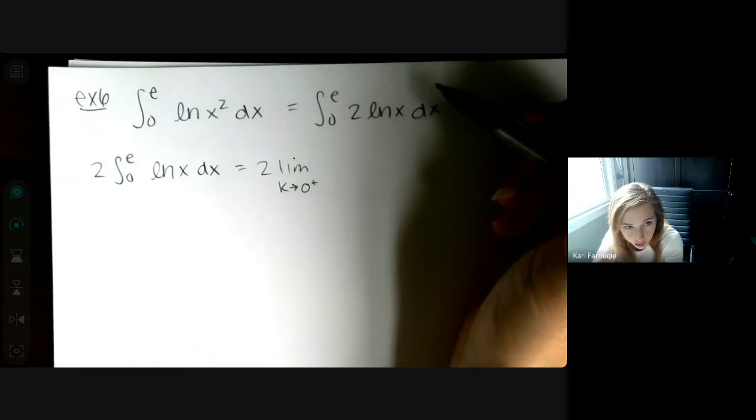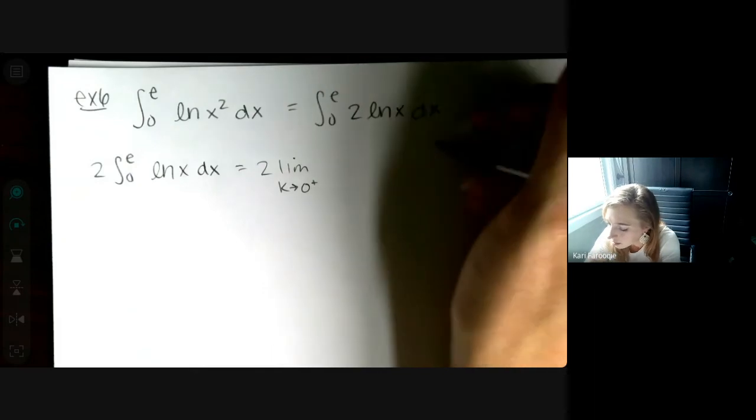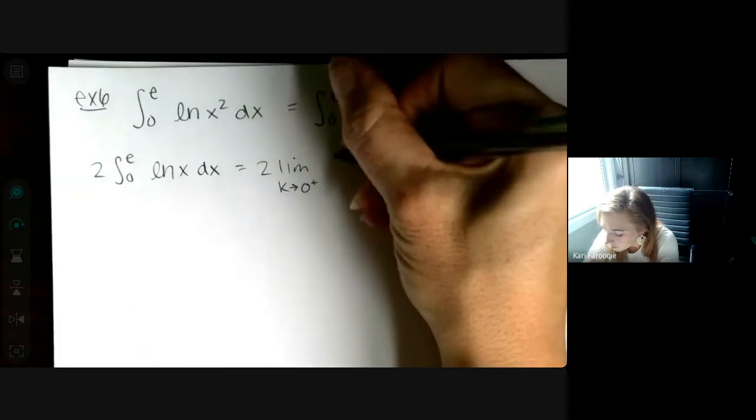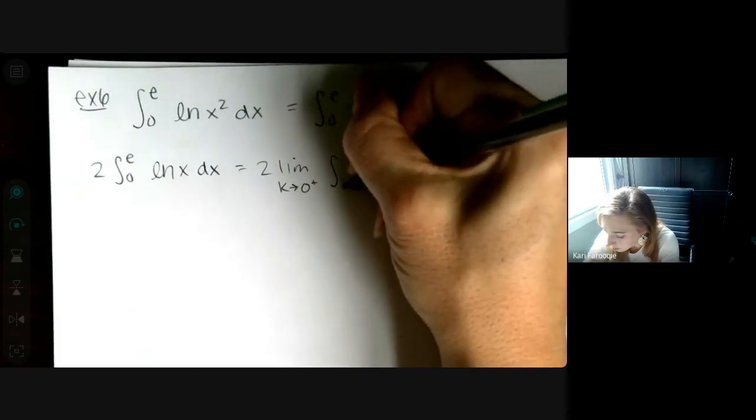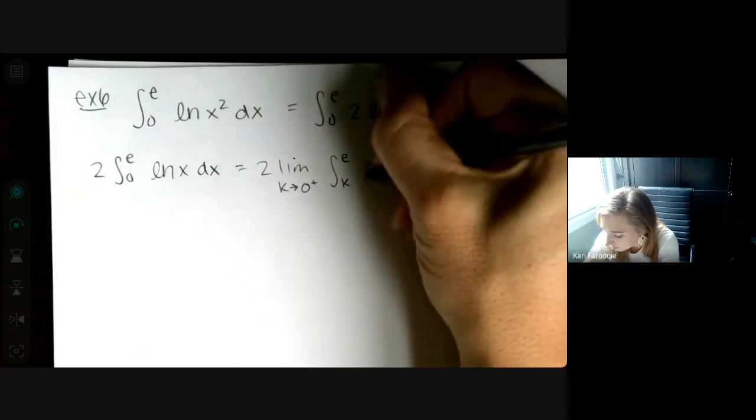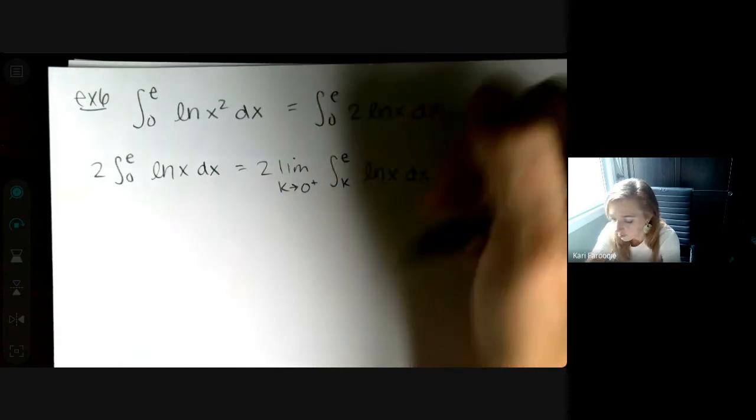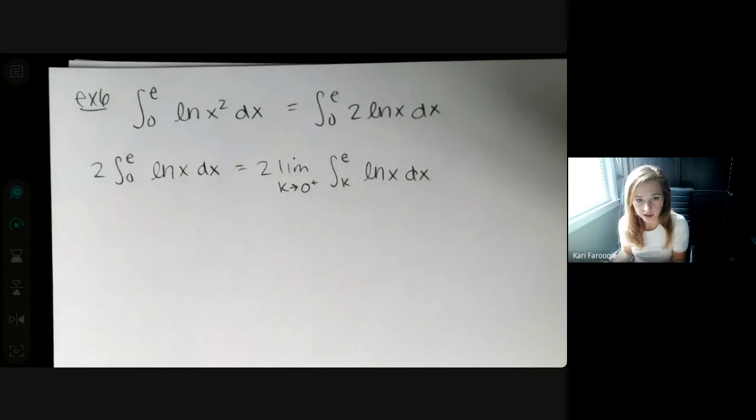You can't approach natural log x from the left of 0. Okay, so we're going to set up our limit, and we're going to then rewrite our integral going from k to e of the natural log of x dx. The natural log of e is 1. That's not the problem. The natural log of 0 is where your function doesn't exist. So that is going to be the issue that you have for this particular example.